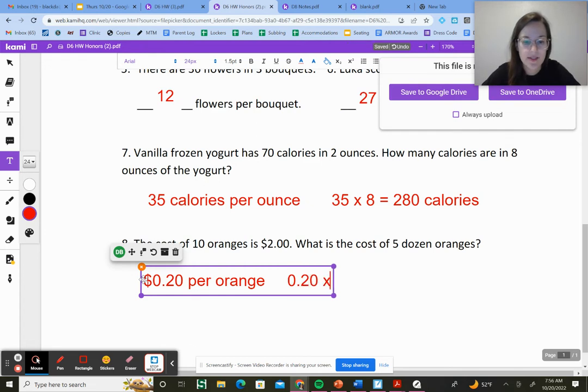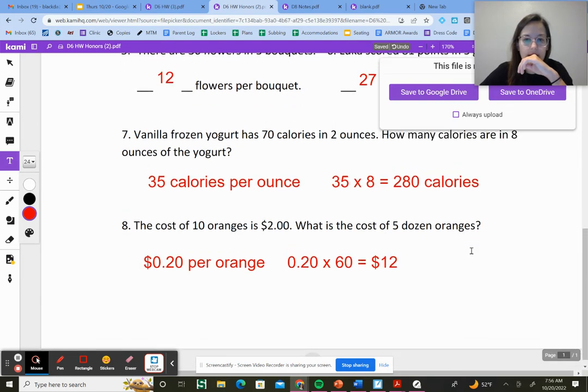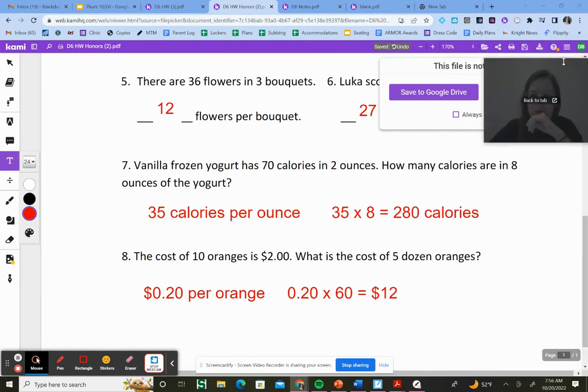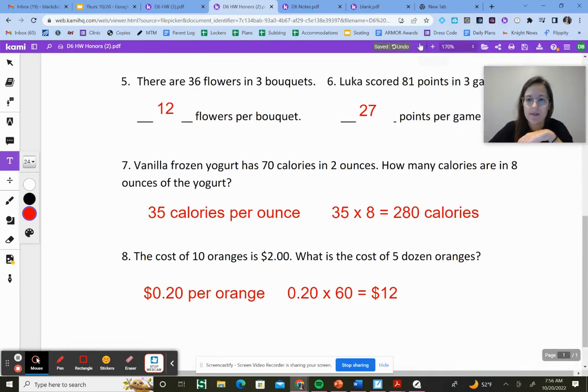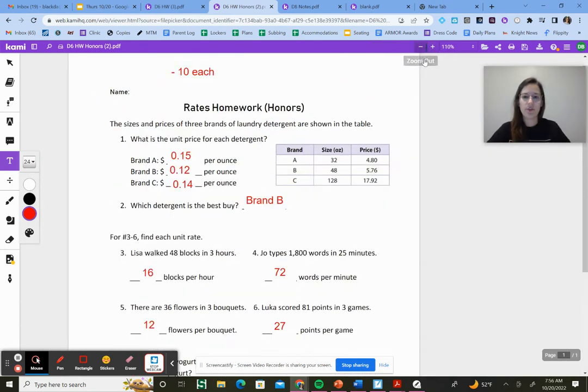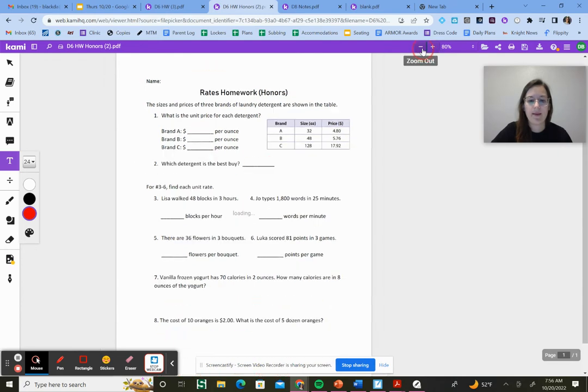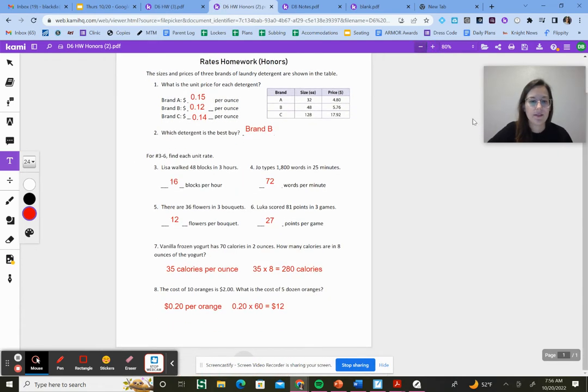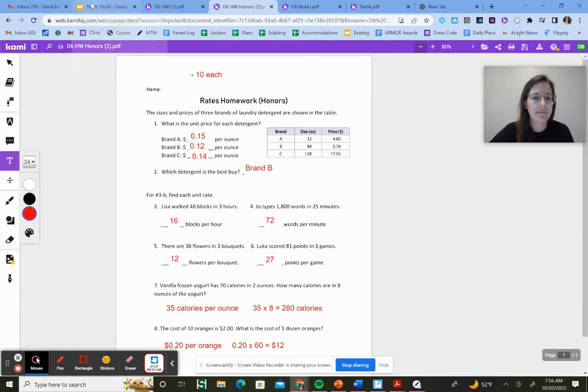So I would do 20 cents times 60 oranges. That would be $12. All right, that was pretty quick. Sweet, so let's zoom out, make sure you got everything, add that to your blue sheet, and let's go do the warm-up.